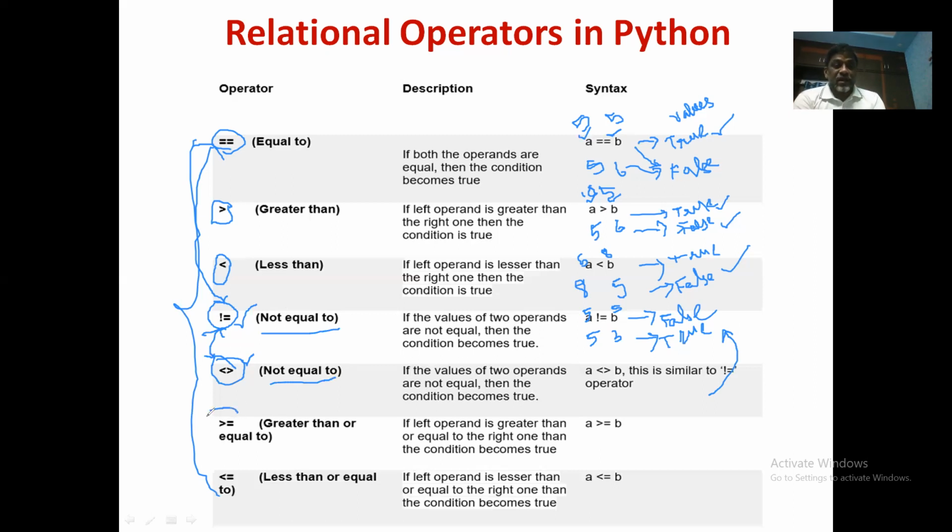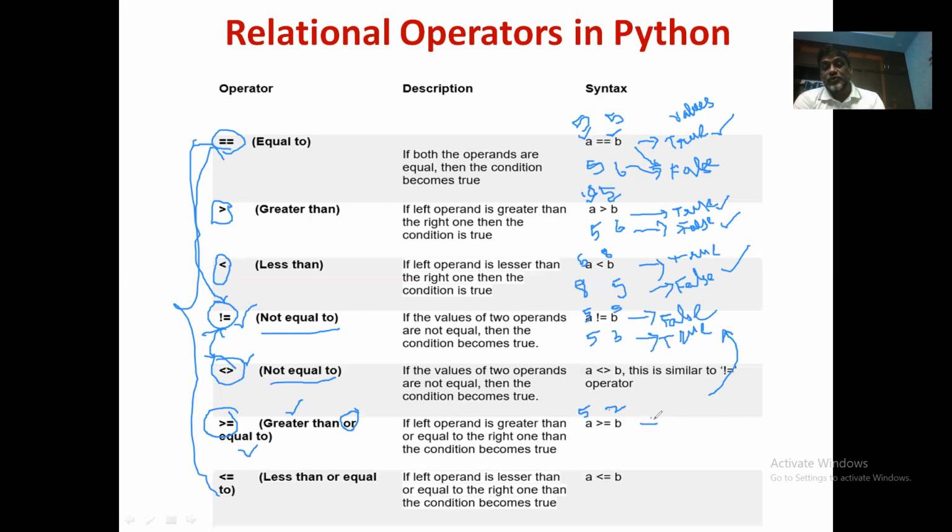And then greater than or equal to. You need to observe this or, which means that if either greater than is satisfied or equal to is satisfied, then it will return true. For example, if A is 5 and B is 2, greater than is satisfied.